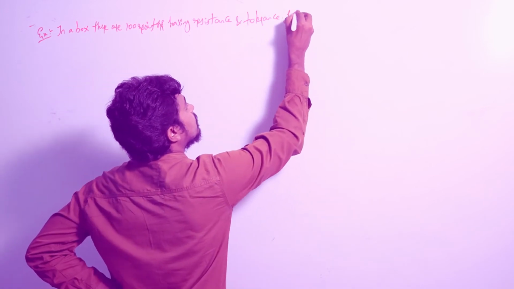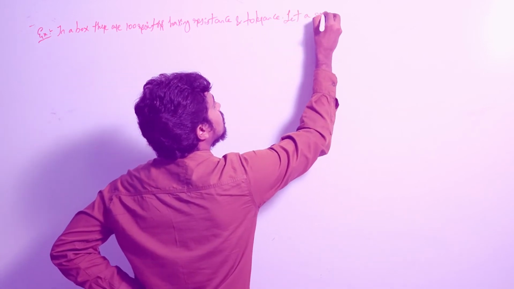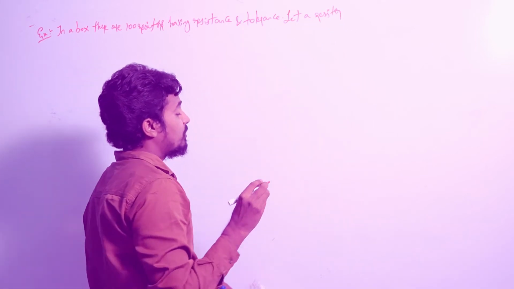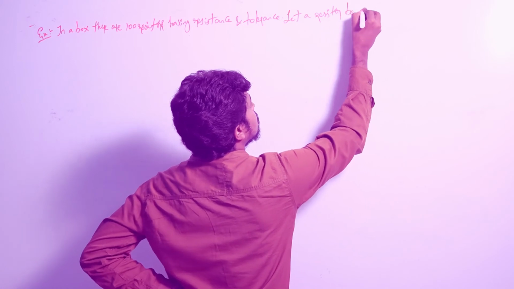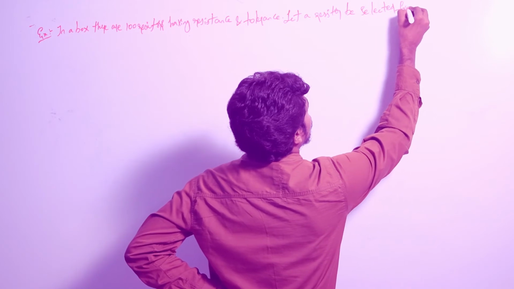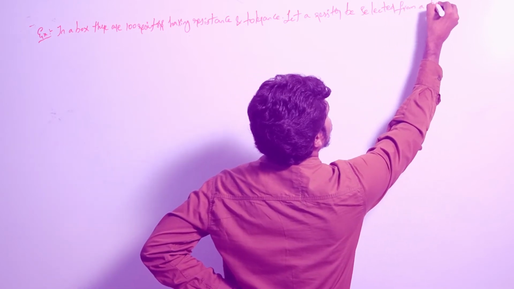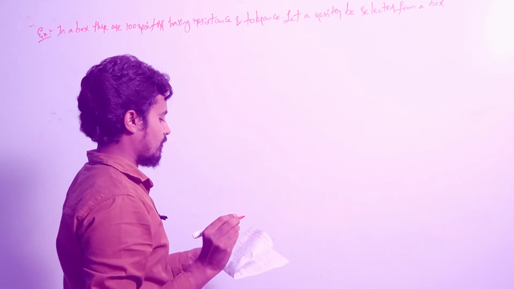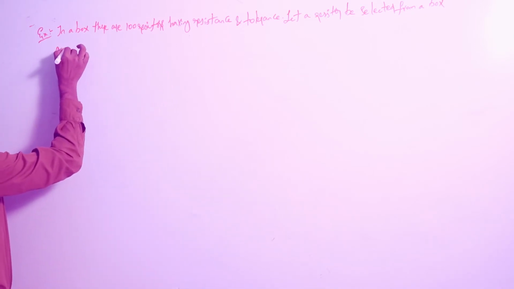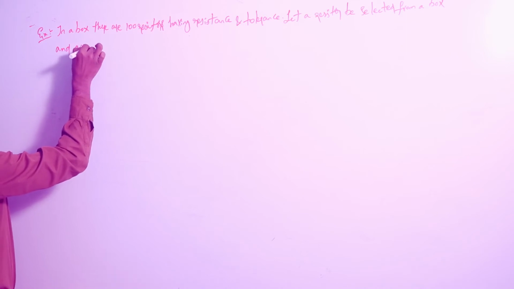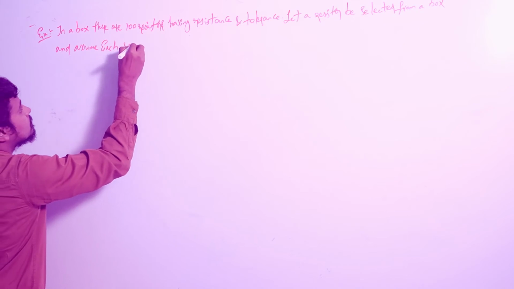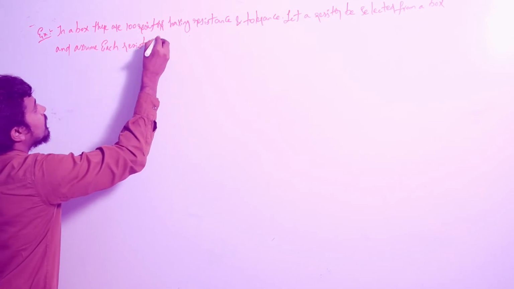Let a resistor be selected from the box, and assume each resistor is equally likely.